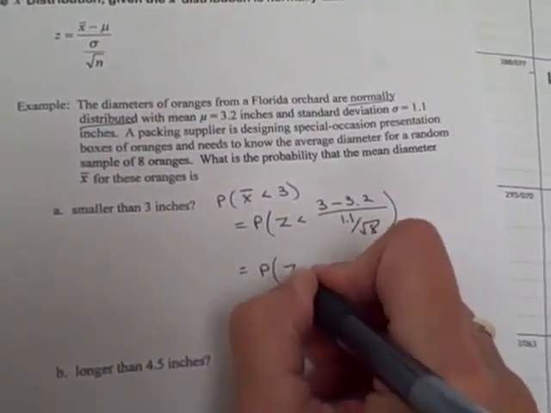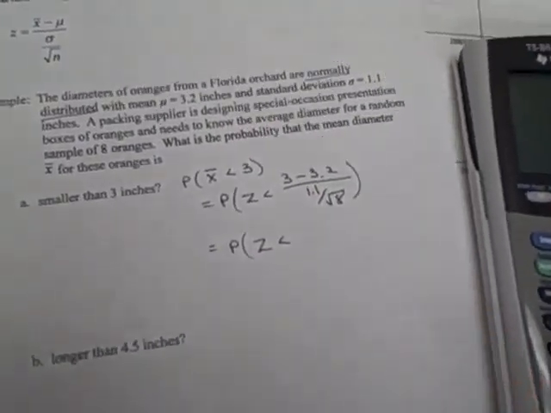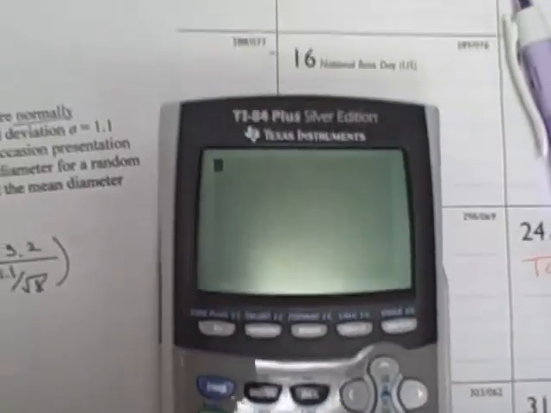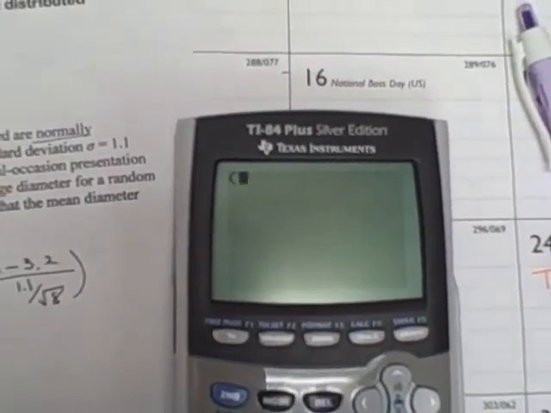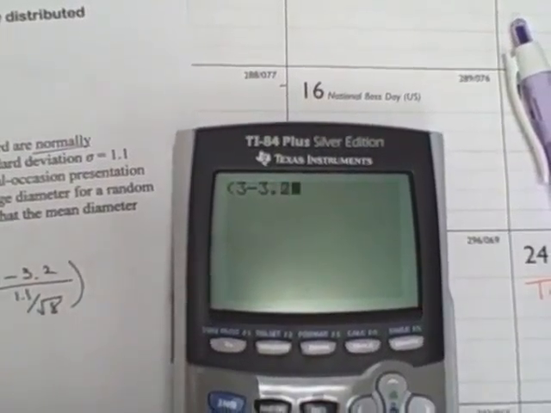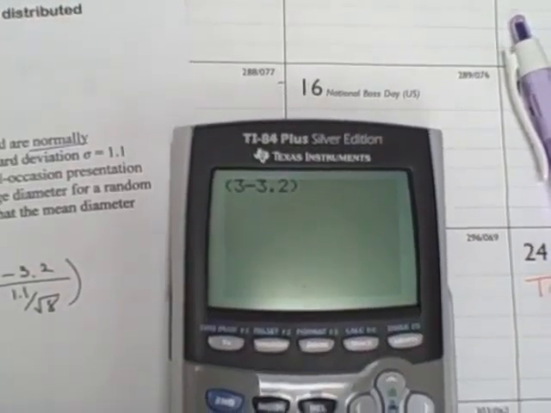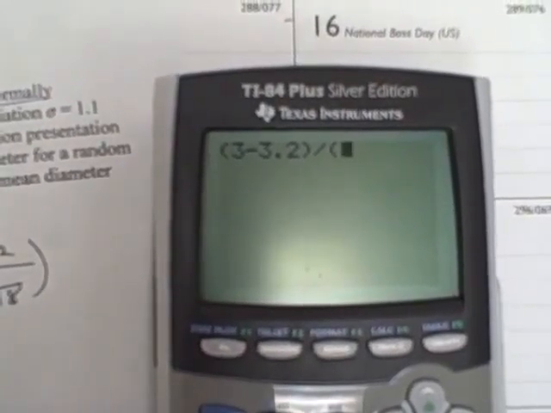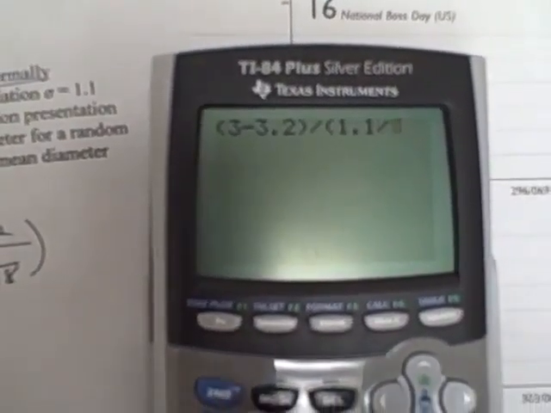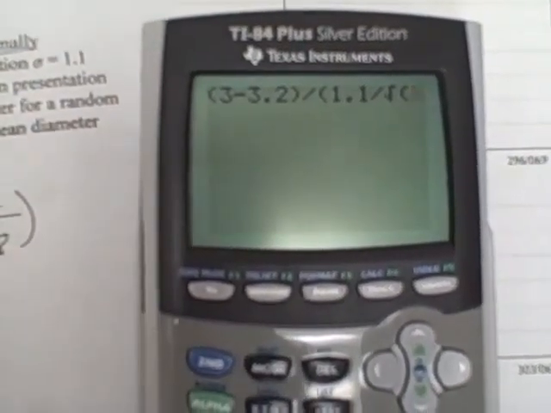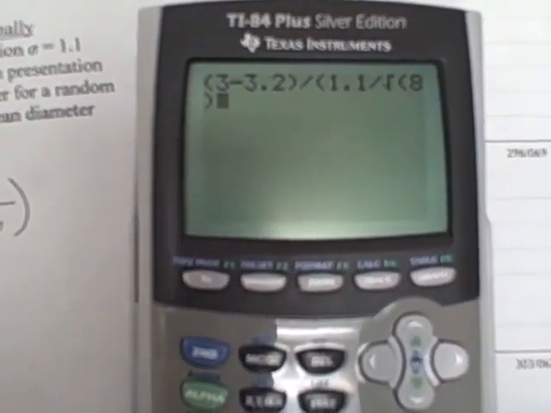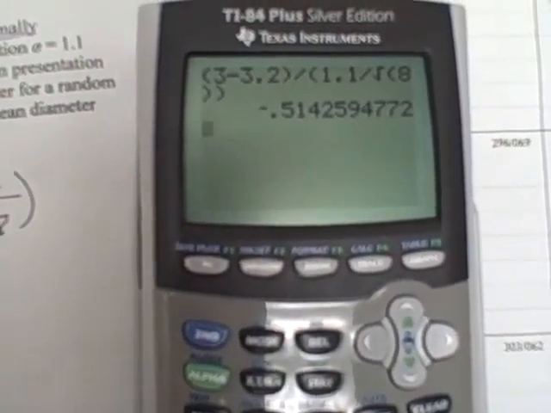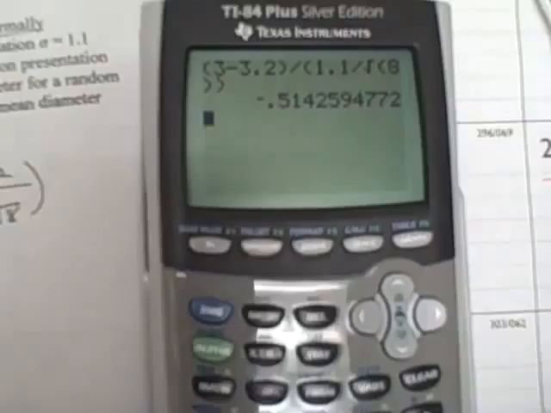So this is the probability that z is less than... Now when I work this out, I do parentheses, 3 minus 3.2, close my parentheses, divided by parentheses, 1.1 divided by the square root of 8, close the parentheses for the square root, close for my denominator, equals. z always goes 2 decimal places.